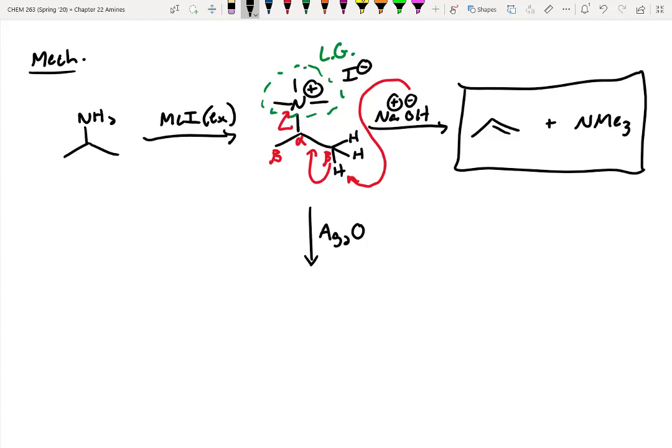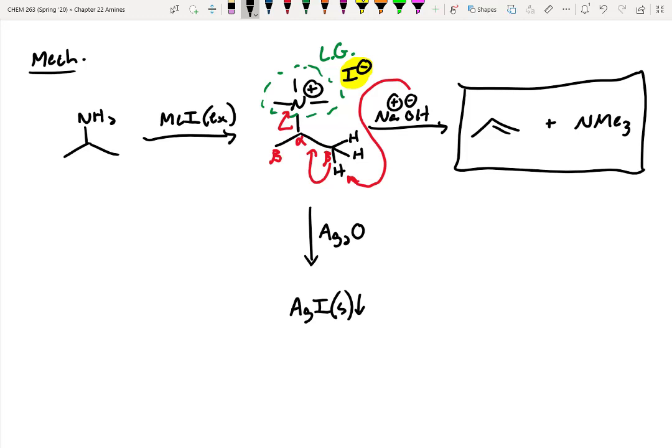This counteranion will actually react with the silver oxide and it will precipitate out. And what happens is the silver will coordinate with the iodine and form a solid that precipitates out of solution.